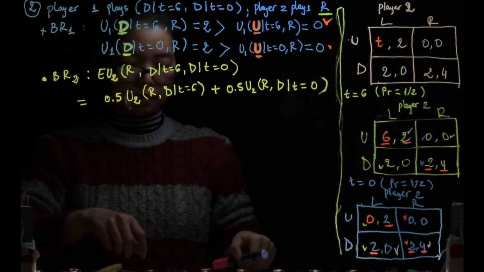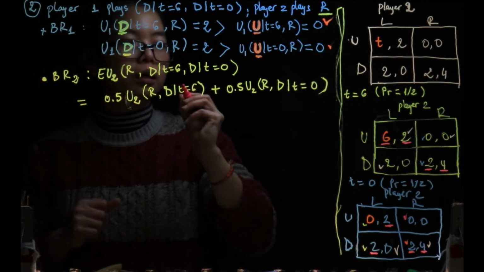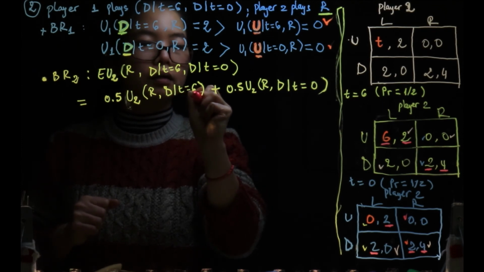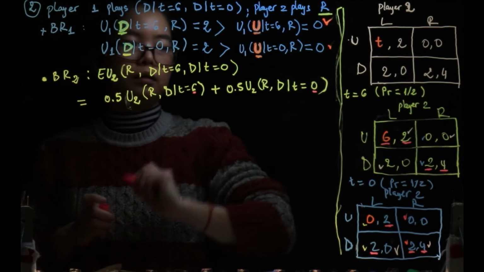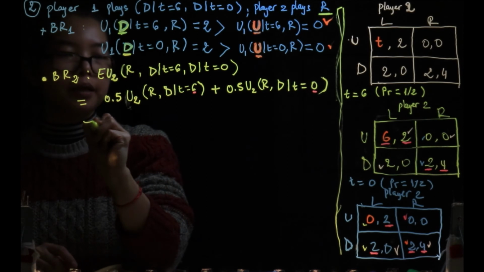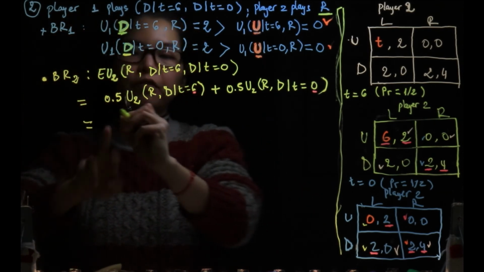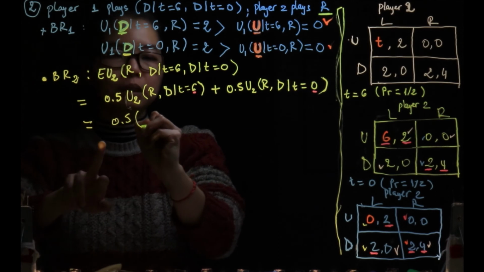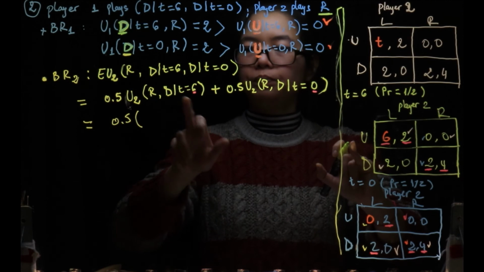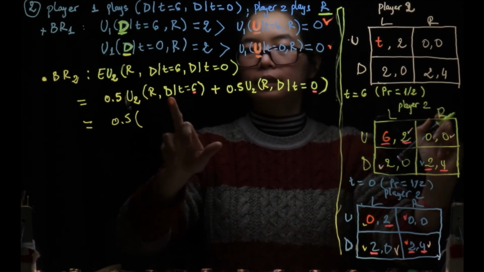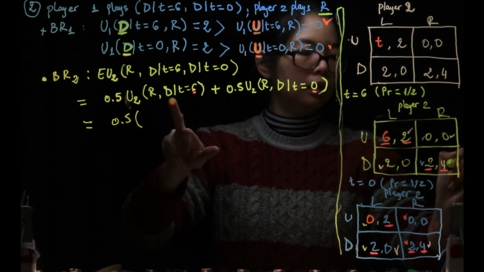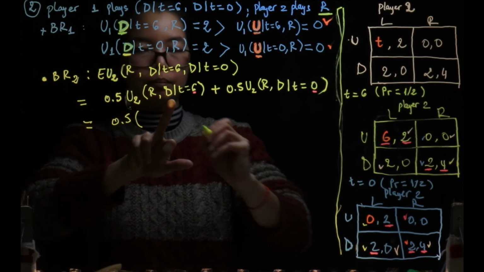I should highlight the difference here. So that would be 0.5 times, for t equal to 6, second table, second column, down, second row, the last cell in the second pair.